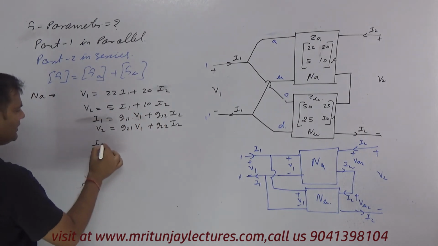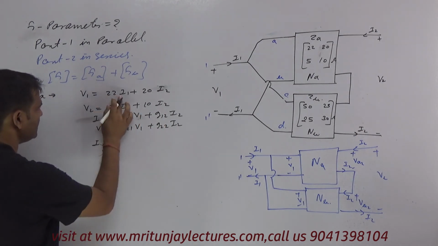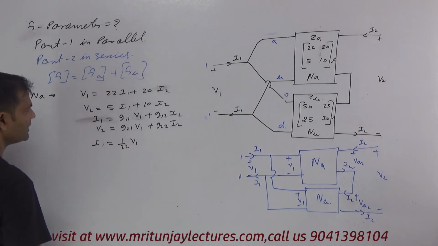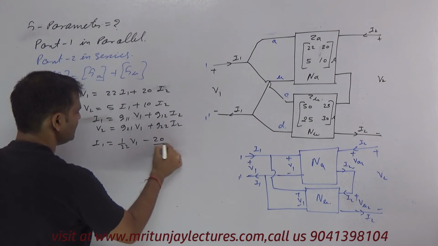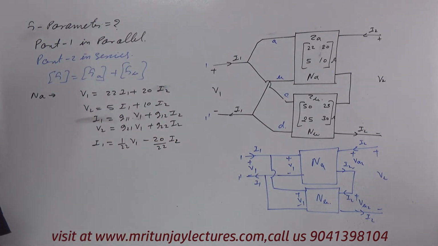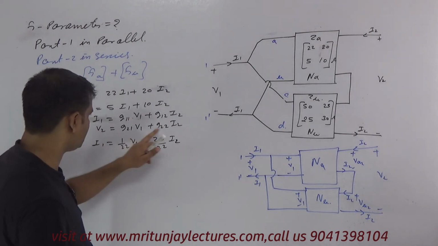So I1 is written as 1 by 22 V1 minus 20 divided by 22 I2. Okay. Now the next target is V2 in terms of V1 and I2.